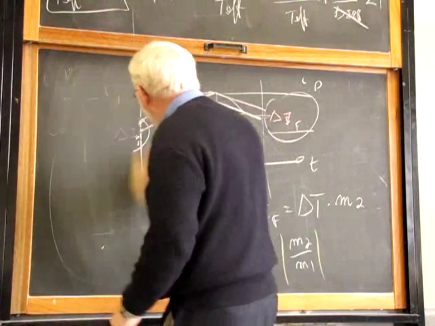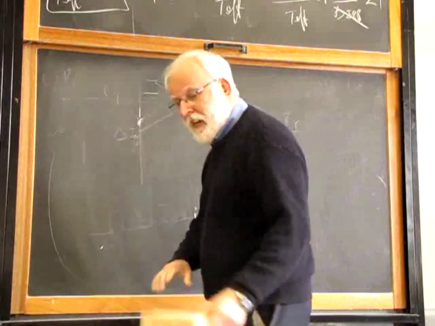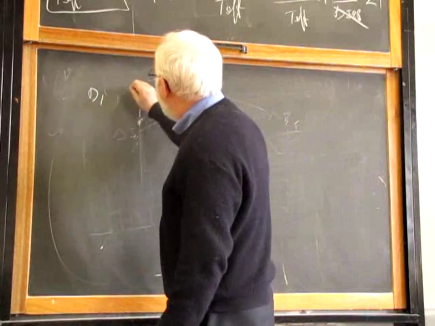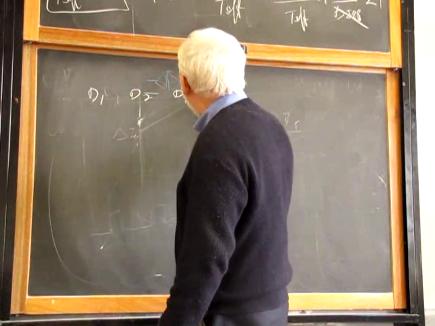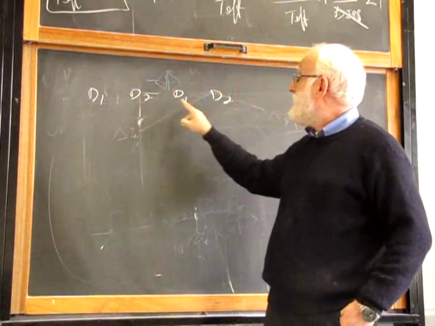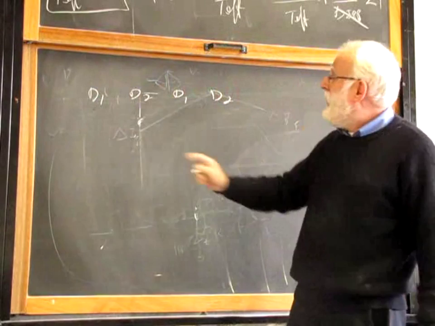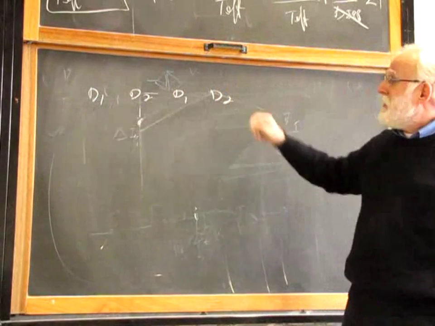Instead of having 2 duty cycles that alternate, like, for example, D1, D2, D1, D2 could be, let's say, 70%, 60%, 70%, 60%, and you see on the scope one wide, one narrow, and the average is 65%, obviously.